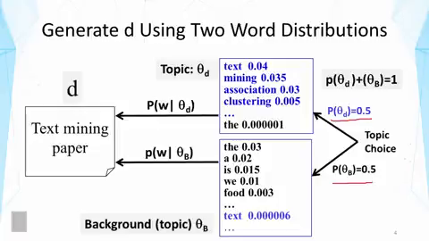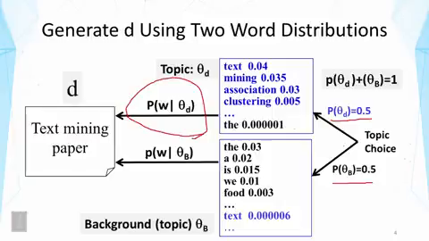So now the process of generating a word would be to first flip a coin based on these probabilities of choosing each model. And if, let's say, the coin shows up as head, which means we're going to use the topic word distribution, then we're going to use this word distribution to generate a word.